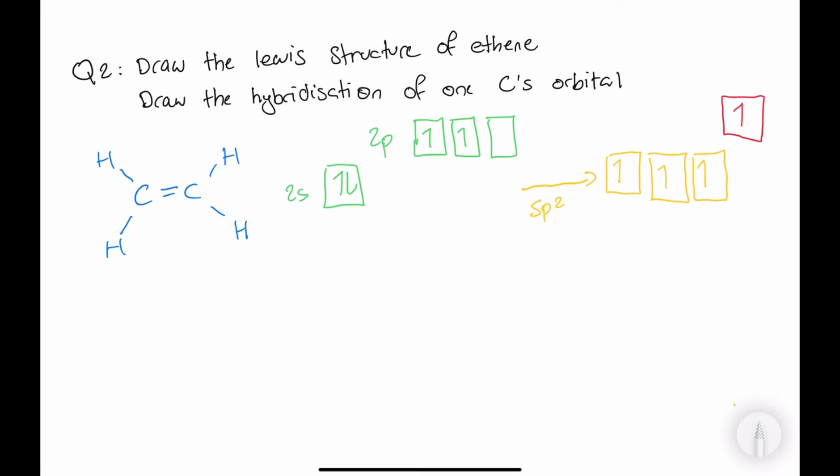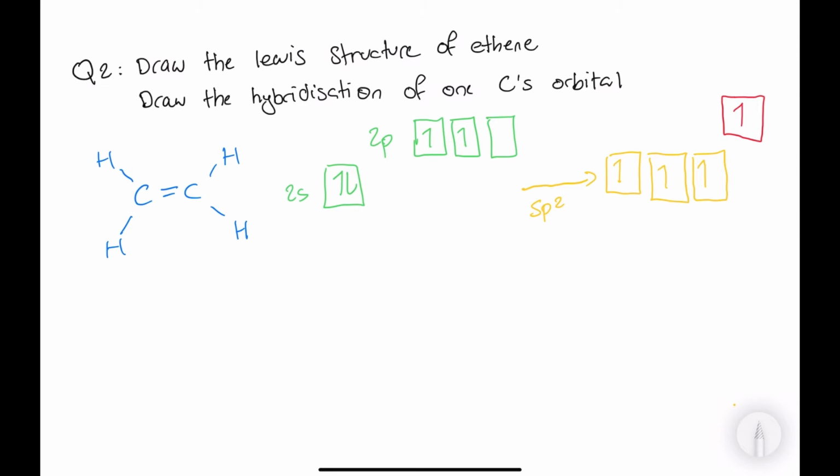This is the answer for the second question. I chose ethene as a structure, as the molecule doesn't have to have a central atom for the IB to ask for its hybridization. Though of course for this one, it doesn't really matter as they're both carbon.